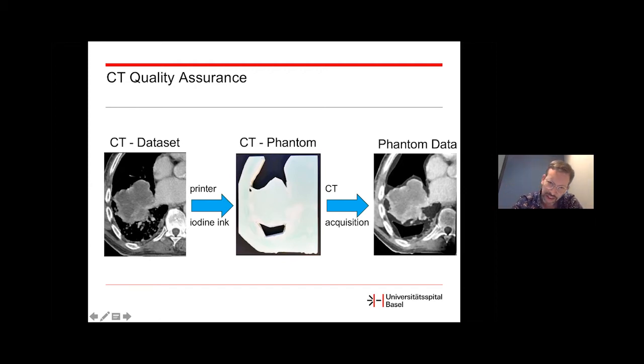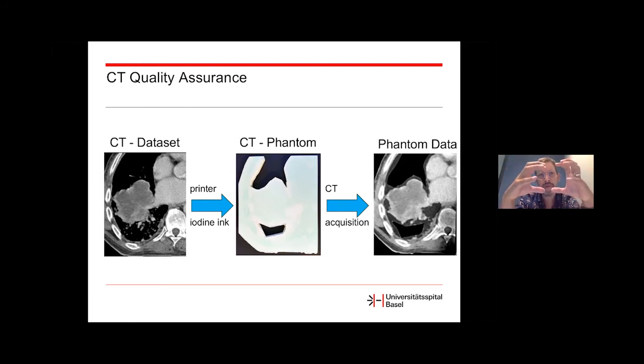That is what you can see in the middle image, and what you get out is the phantom data of the original dataset. So what you see here is not an actual patient, it's a stack of papers filled with different densities of iodine. Like this, we know more or less exactly the real density, and we know the exact shape. And this object can be moved from hospital to hospital.